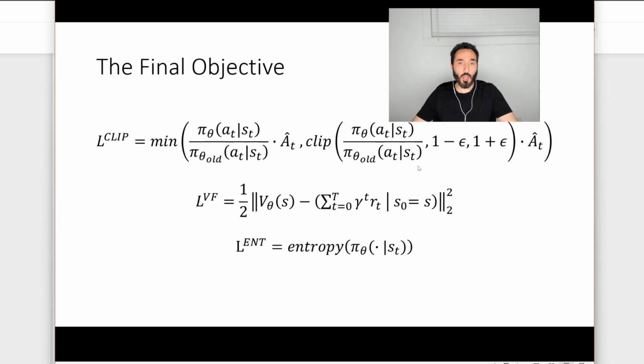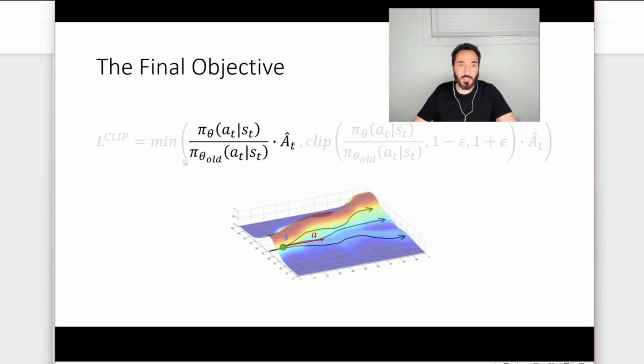So the first loss term that we have here, the clip pessimistic loss or the policy loss, is the main loss here. And let's focus even only on the first term here, because that tells us the majority of the story. So let's say that we have π_θ old, which is our current policy, and let's say that we want to improve it through optimization, in this case through maximization.